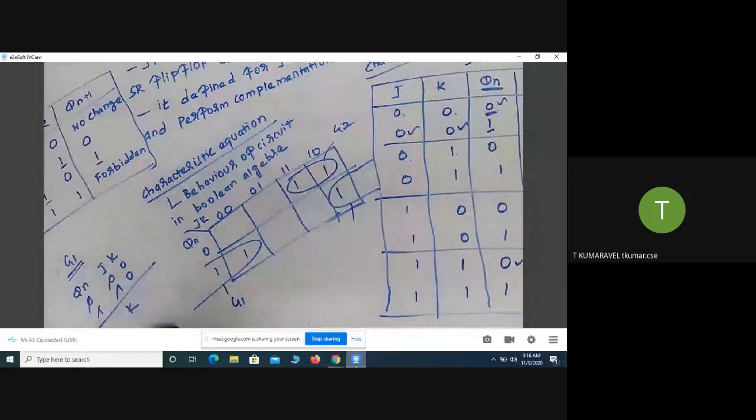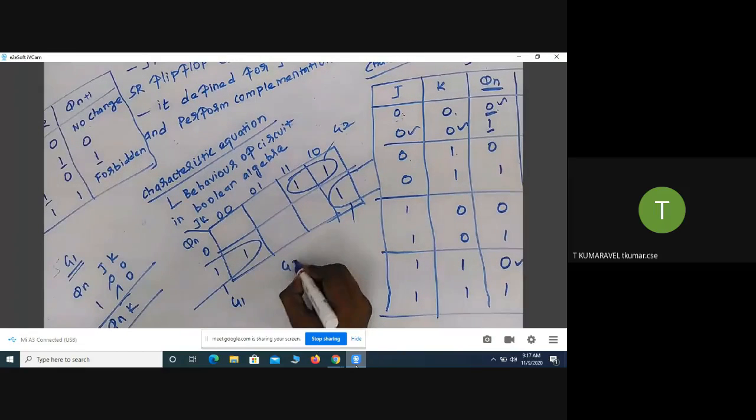The answer is K bar Q. What about the next group? In group two, Q is 0, constant, and JK keeps varying 1 1, 1 0, so the K cancels. The answer is J Q bar.